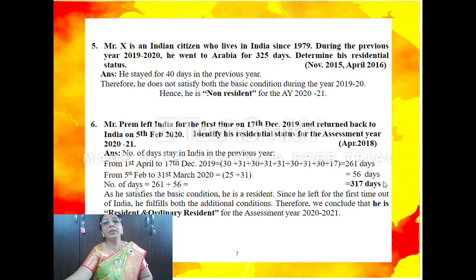He fulfills the first basic condition of 182 days, so he becomes a resident. And 2 out of 10 years prior to the previous year, first time he is leaving, so he has always been in India. So 2 out of 10 years prior to the previous year, he is a resident. And 730 days in 7 years prior to the previous year, he would have stayed in India because he is totally in India. By fulfilling both the additional conditions, he becomes a resident and ordinarily resident.